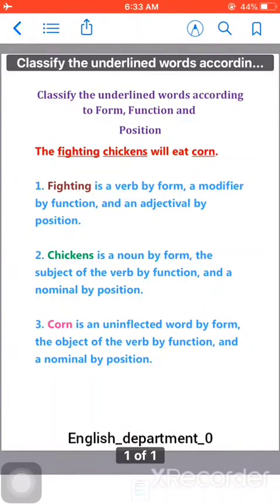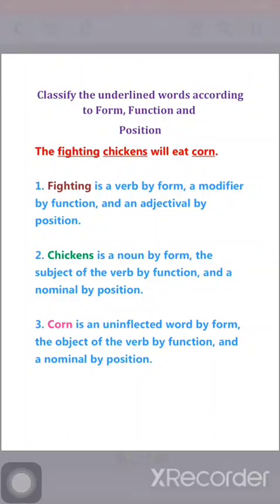Rather, they should be put in a sentence to state their function and, of course, their position. But by form, I can show a word alone and ask whether it is according to form a verb, a noun, adjective, or adverb. Okay, so this is the way to classify words. Thank you so much.